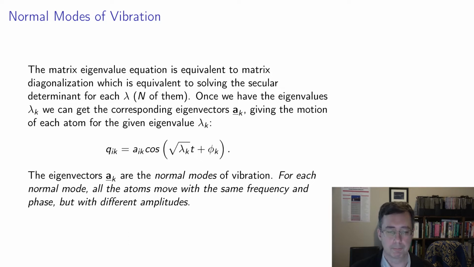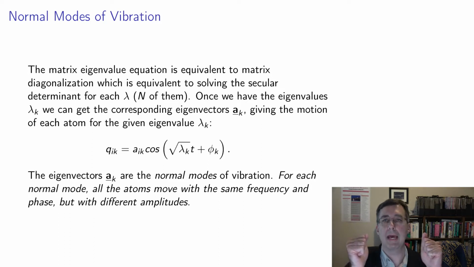So what's really interesting, if you think about this for just a second, is that all of the atoms are moving back and forth at exactly the same rate, because the rate is given by the square root of lambda_k times t. And that's true for every atom in the system, and the phase factor is also the same.